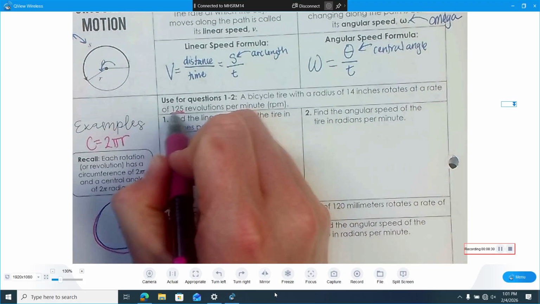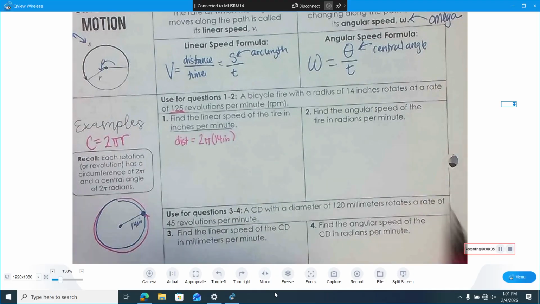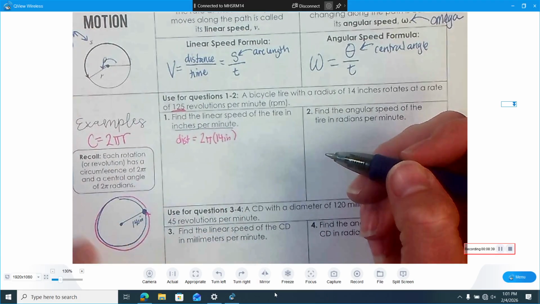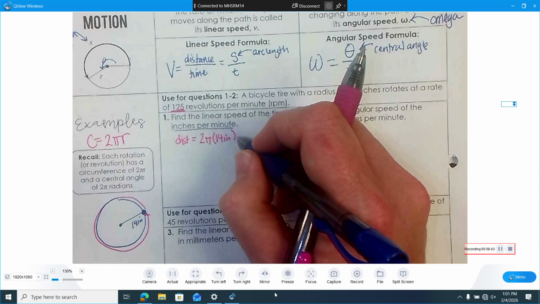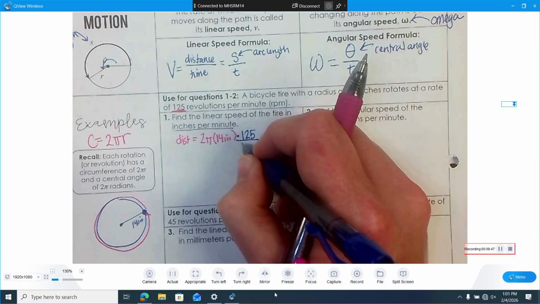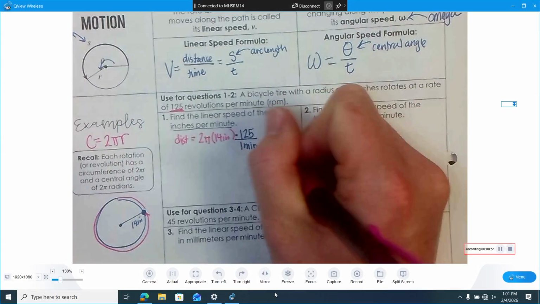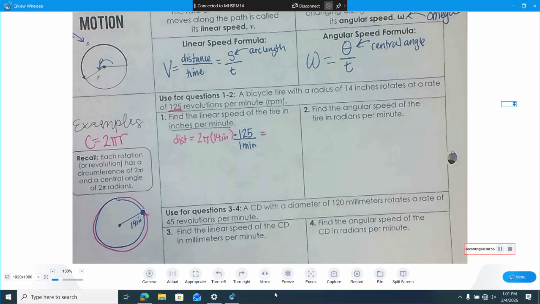It's doing 125 rotations per minute, so we multiply that by 125 rotations per minute. That's going to give me the total distance that that little dot on my tire traveled.